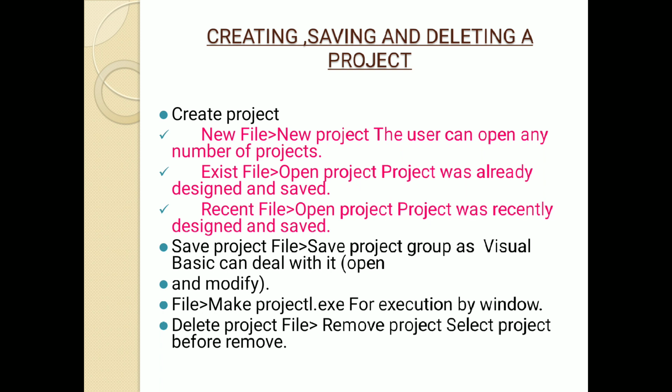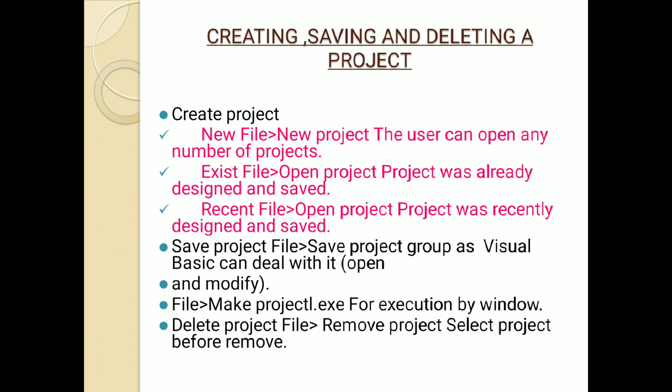Then how can you save the project means you have to click the menu file. Under that you have to select save project. Okay, so the next one is how can you make a .exe file for execution?